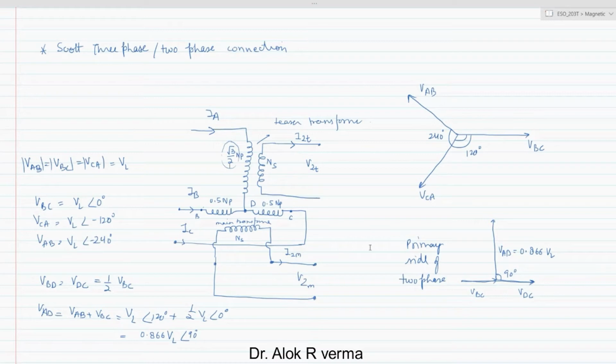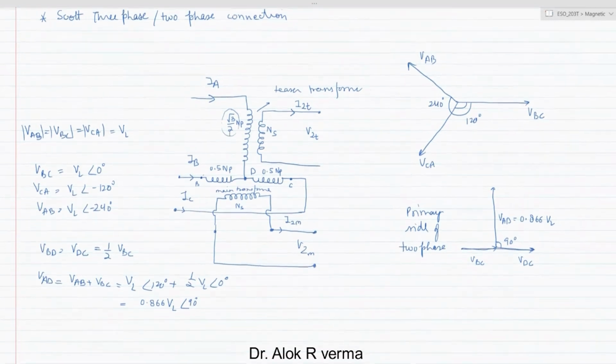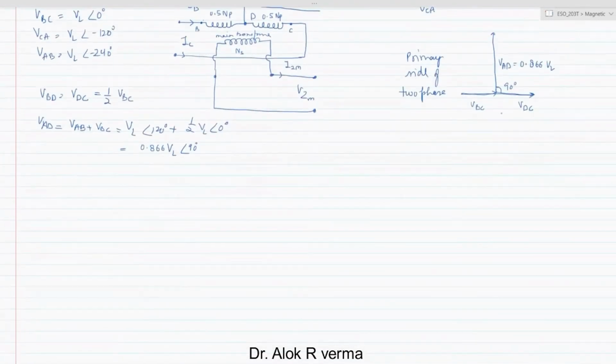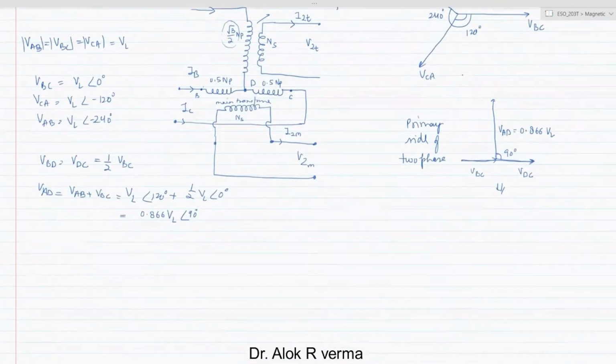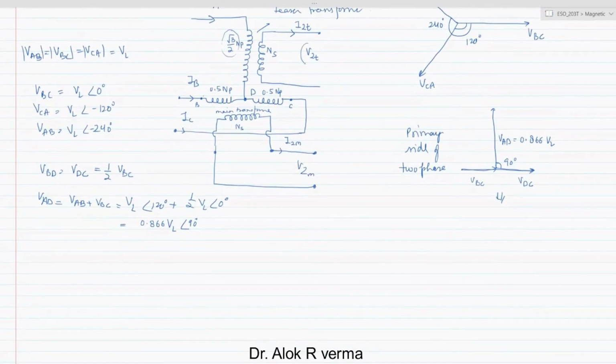Now if you convert this by turns ratio, VAD will go to V2T. So this voltage gets transformed by this ratio.